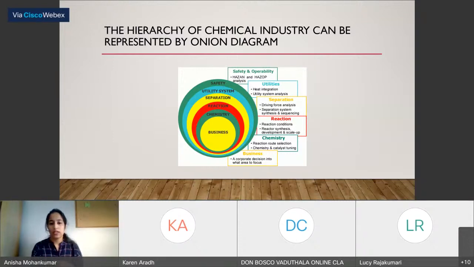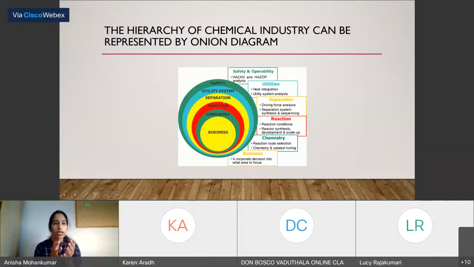So you decide on that, and then chemistry, how the reaction is, how the chemistry part is working behind it. You have to have a clear understanding of it. And the reaction: what are the reaction conditions, what temperature, what pressure, what synthesis route are you going to opt for. All that comes under reaction.